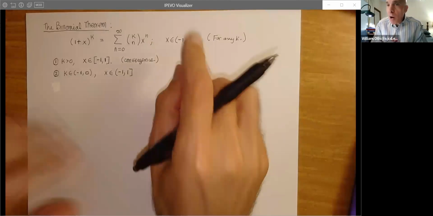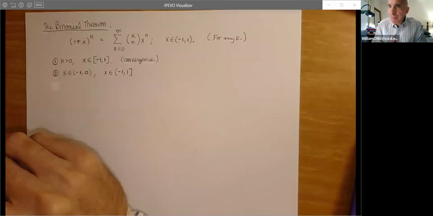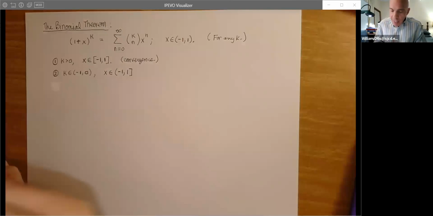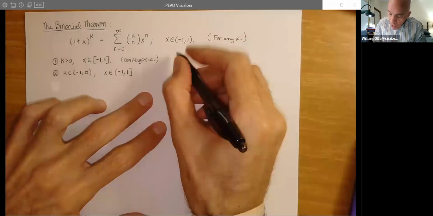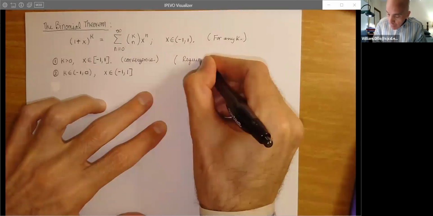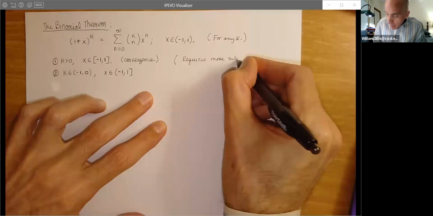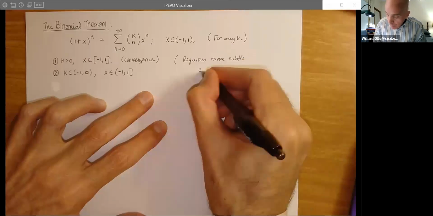So if you're working a problem on WebAssign and the k is less than -1, then you're like, okay, all right, I don't get the endpoints, but I still get that. So that's something, again, this is a little bit more subtle, and I'll just say requires more subtle convergence tests.